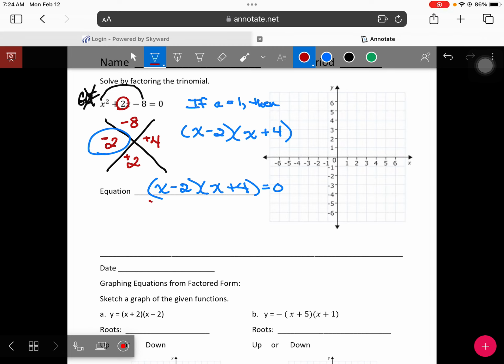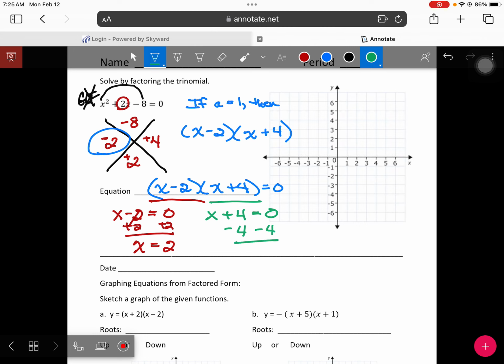So we're going to take this first factor, x minus 2, set it equal to 0, and take the second factor, x plus 4, set that equal to 0. Here I'm going to say plus 2 plus 2, x is equal to 2. Over here, I'm going to say minus 4, x is equal to -4. These are my 2 roots. So here we have one at 2. Here we have one at -4.